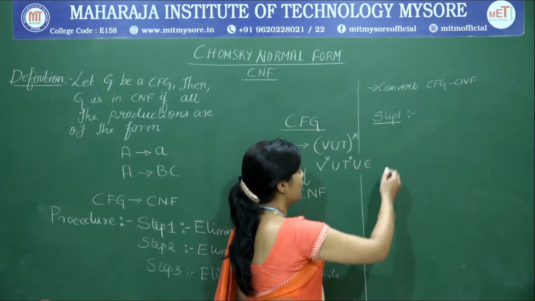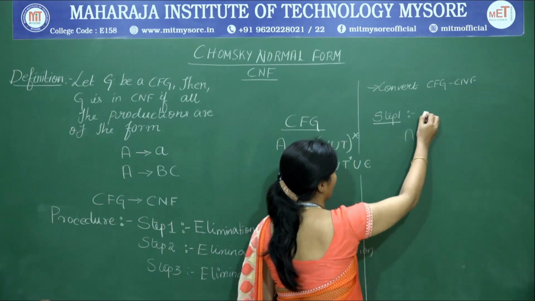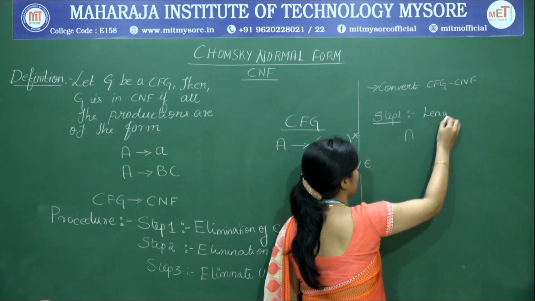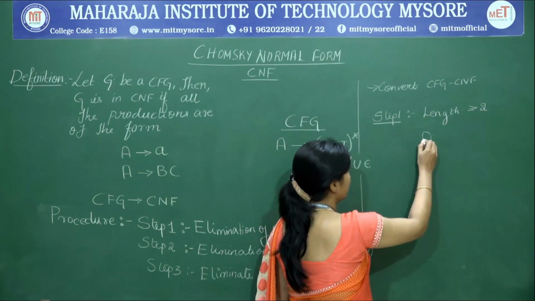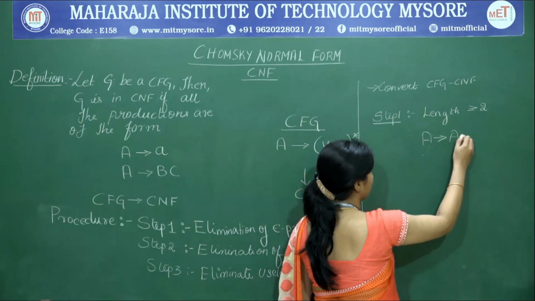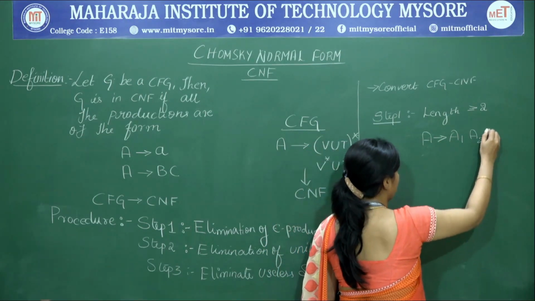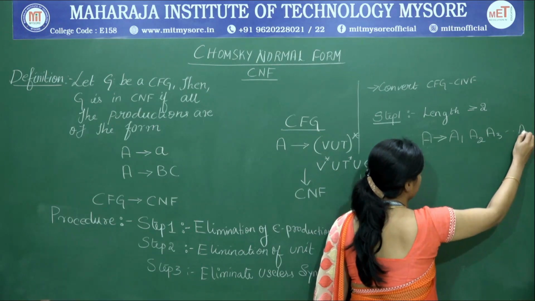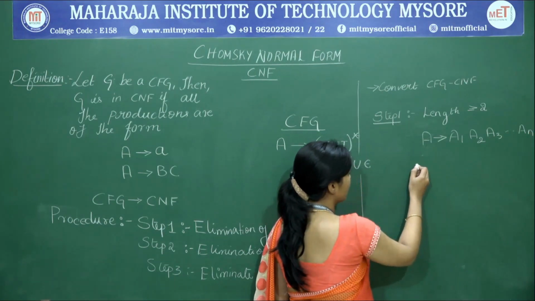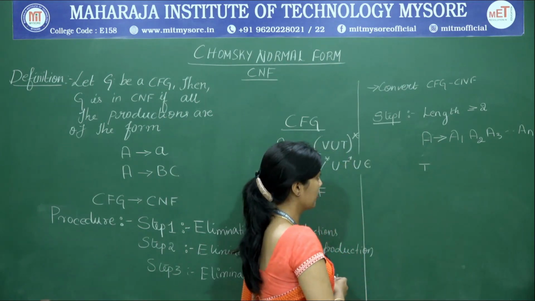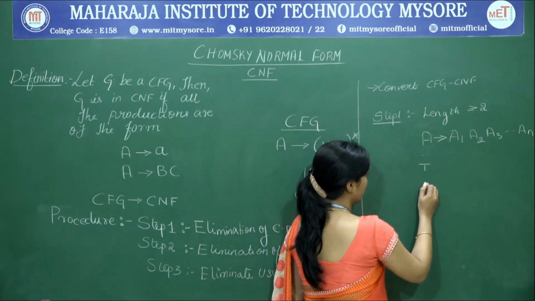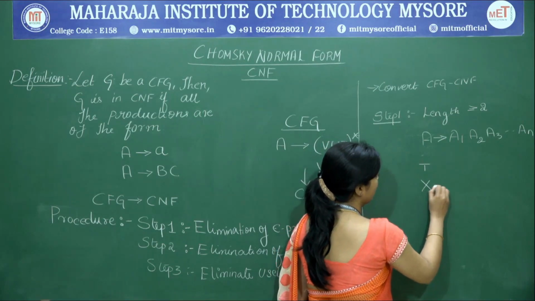So for every production of length greater than or equal to 2, in the form A goes to A1, A2, A3 up to some AN, we are going to replace all the terminal symbols, the small t's, with a new variable such that we have X goes to t.